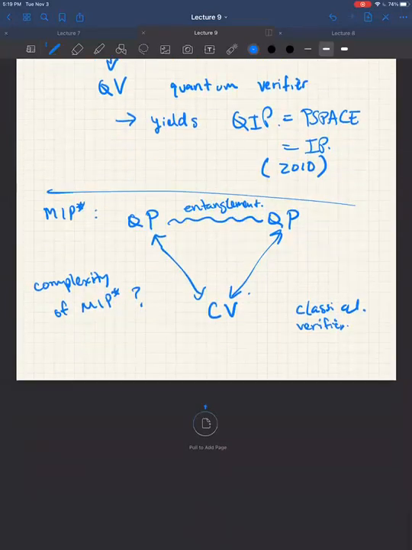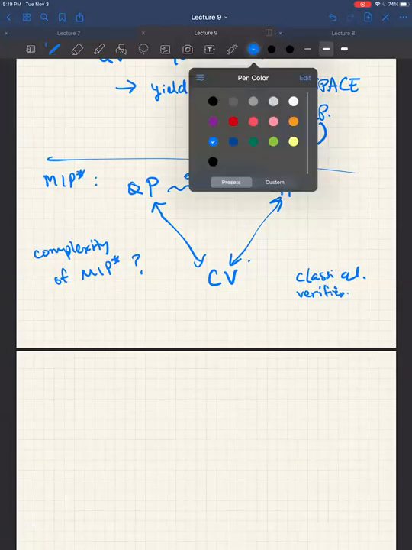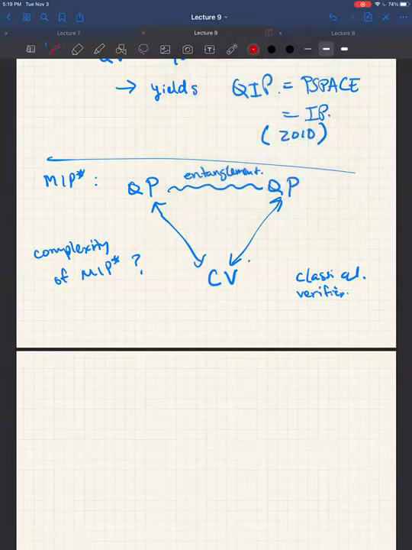This question was asked in 2004, and the people who raised it realized that it was a very mysterious question. You can define this class and ask how it compares to the situation where the provers don't share entanglement, the MIP setting.